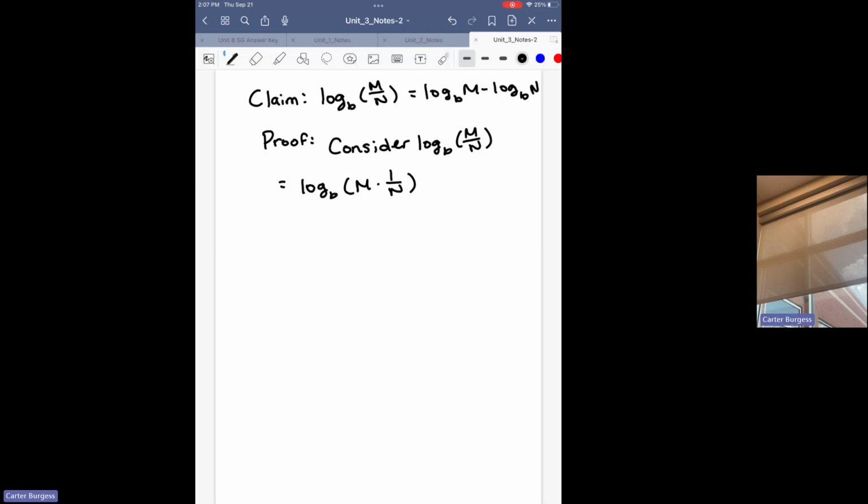Okay. I have the product of two numbers. What can I do? I can split them apart with addition. So this is going to be the same thing as log base b of m plus log base b of 1 over n. This is by the product rule.